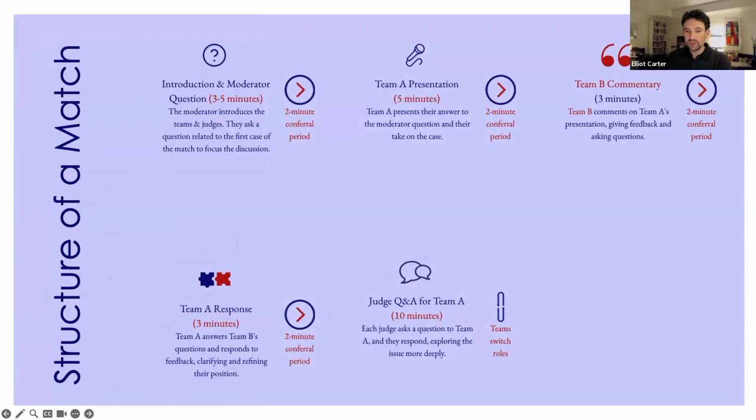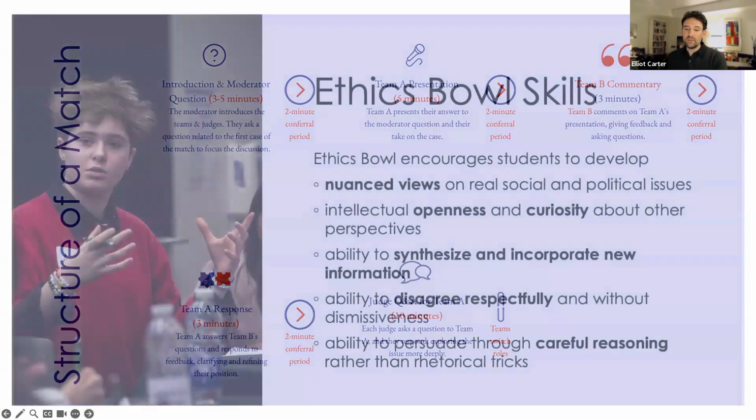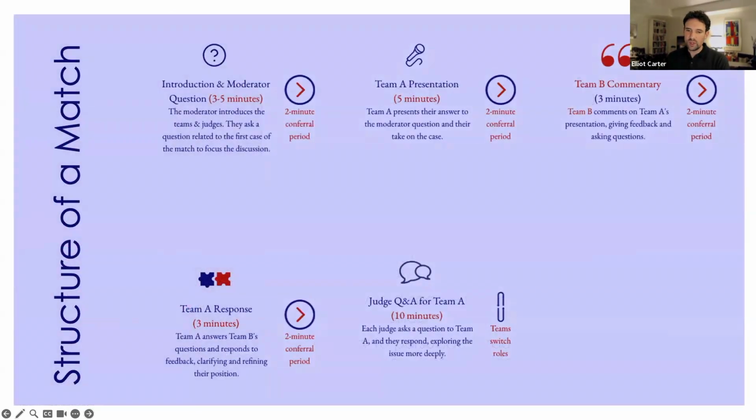After Team A's response, there's a judge Q&A, where usually there'll be 3 judges, and each of them will ask a question to the team, and they'll respond. Usually the judge questions are getting them to explore something more deeply from their presentation. And then at this point, the teams will switch roles. So Team B will now be in the role described as Team A's role here.